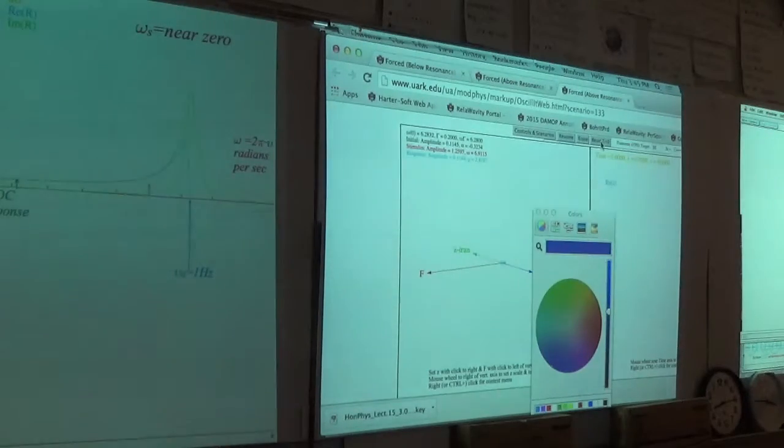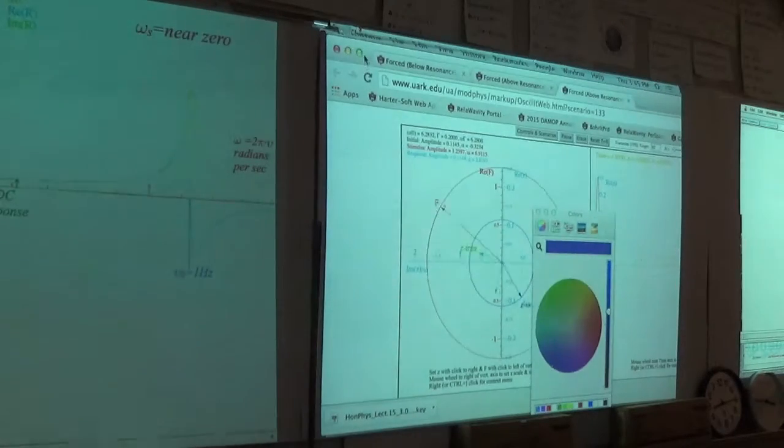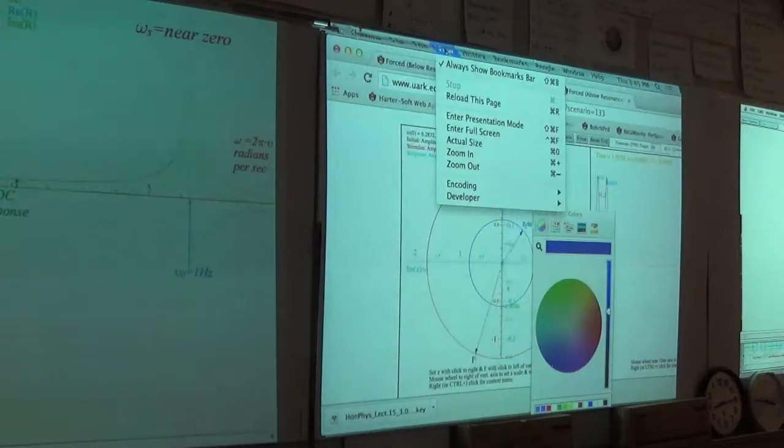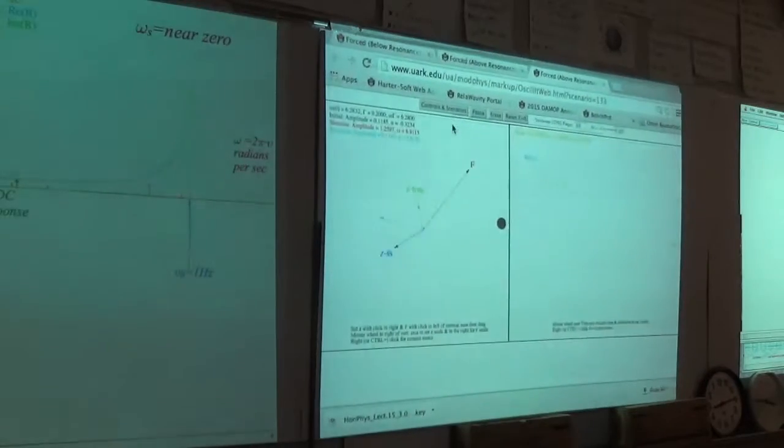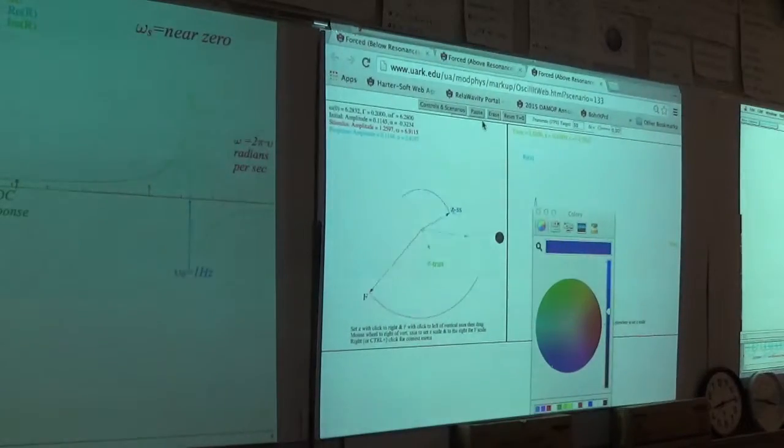Let me just see if I can get it started here. Reset t equals 0. Resume. Yeah. So it's going, and just to make this larger, let's go full screen. That means I've got to restart it.